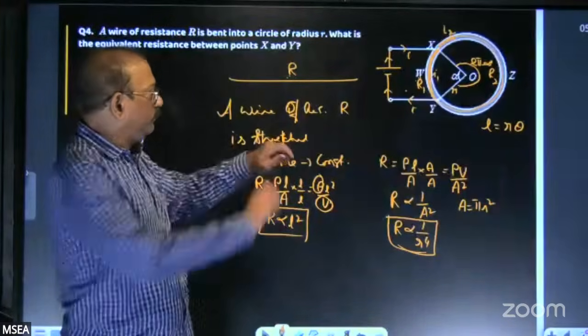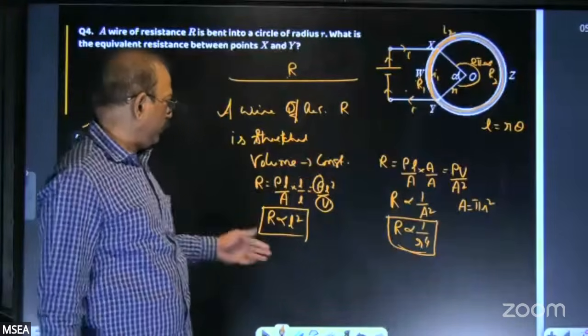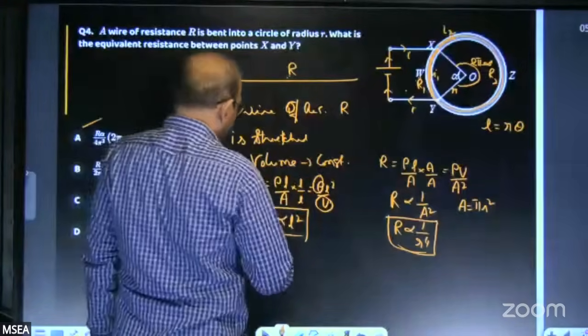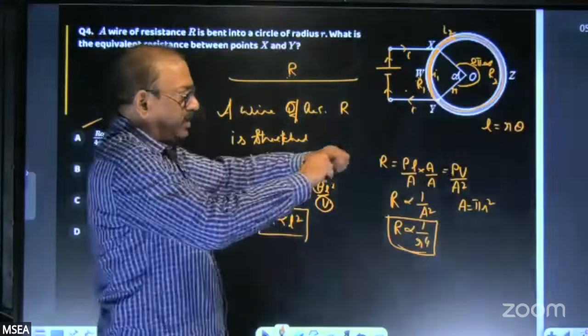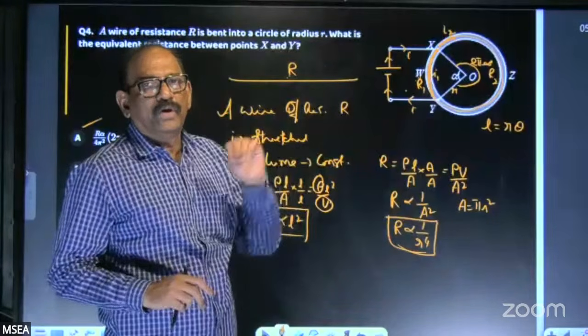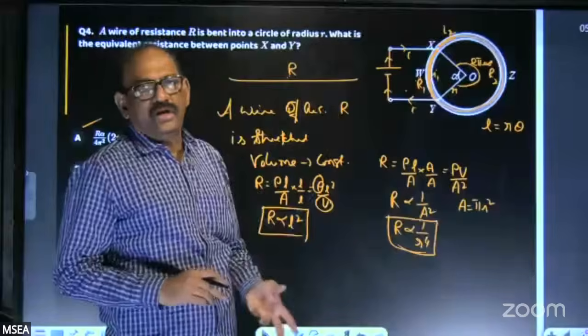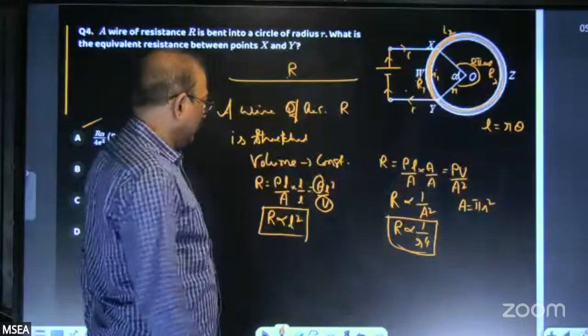A wire is bent into a loop, a circle, and it is stretched. What is the new resistance? Suppose they gave the length increased by 4%, 6%, like that, a small percentage change given.